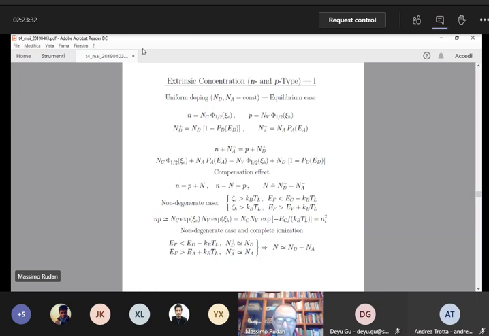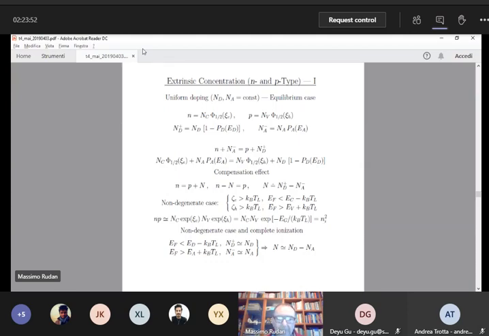If, moreover, the complete ionization also applies, you can let ND plus equal to ND and NA minus equal to NA.